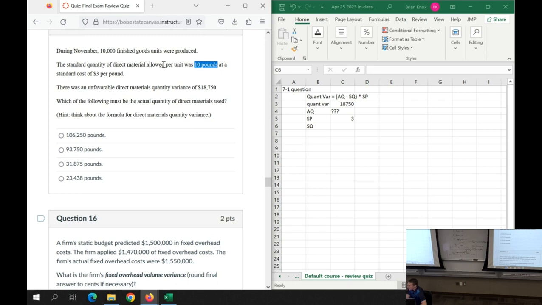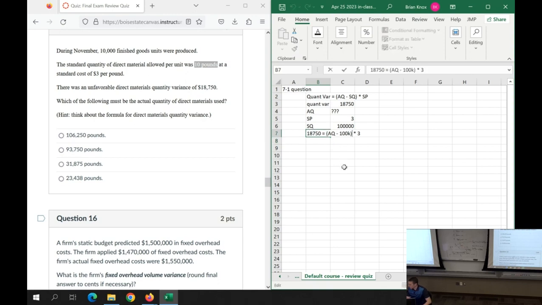The standard quantity of direct material allowed per finished goods unit is 10 pounds. So we need 10,000 times 10, which equals 100,000. All right, good. We can solve this now. We can say 18,750 equals AQ minus 100K times 3.